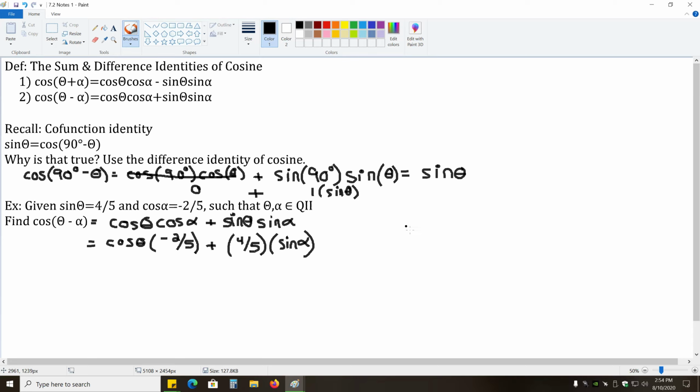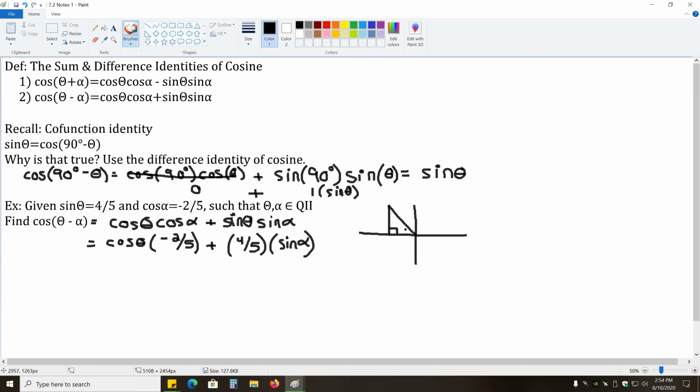So let's go ahead and do that for cosine of alpha. Let's make a triangle. We know that alpha is in quadrant 2, which means our terminal side is in quadrant 2. So, remember, you always connect the terminal side to the nearest x-axis to create your right triangle.